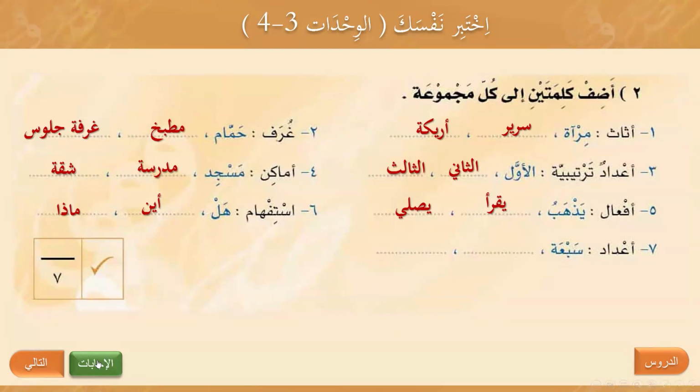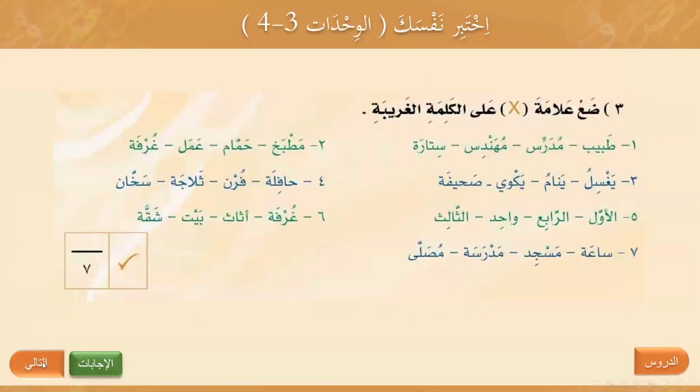A'dadun, numbers, and we have learned the numbers from 1 to 10. So, for example, sab'atun, khamsatun, arba'atun, whatever numbers you have learned, you can answer over here. For example, sab'atun, thamaniyatun, 8, and then tis'atun, 9. Now you see over here that out of 7, what your grades are. Just put your grades over there.